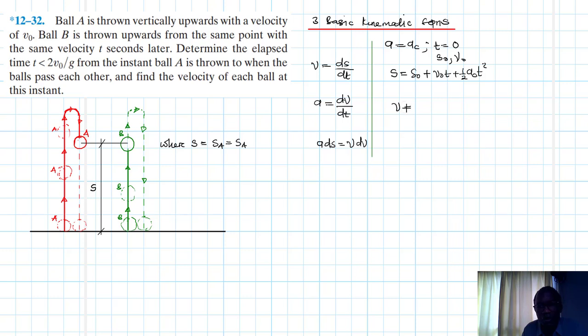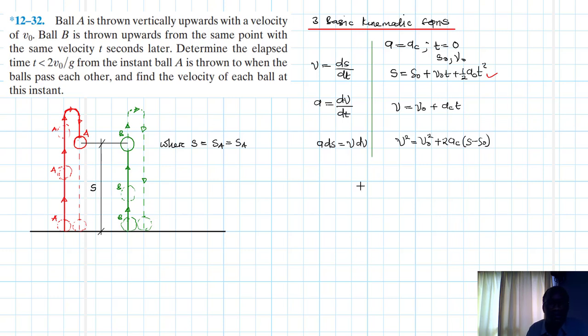Then we have V equals V naught plus AC T. And then finally V squared equals V naught squared plus 2AC times S minus S naught. So these are the 3 basic equations, and the other three derived when the acceleration is constant. So which of these equations do you think we're going to use? Because for me, I'll go for this one. Okay.